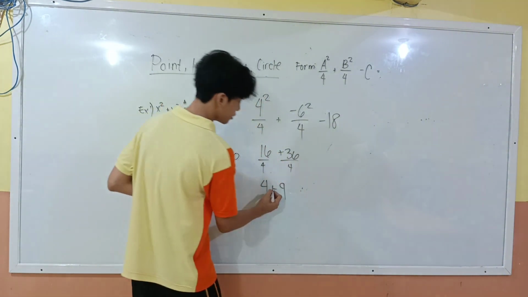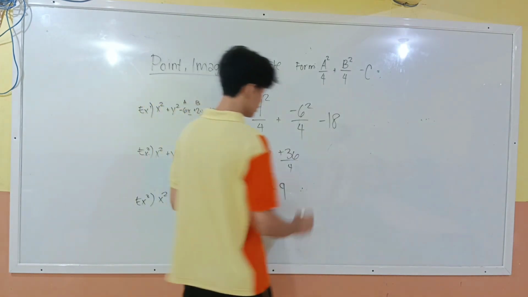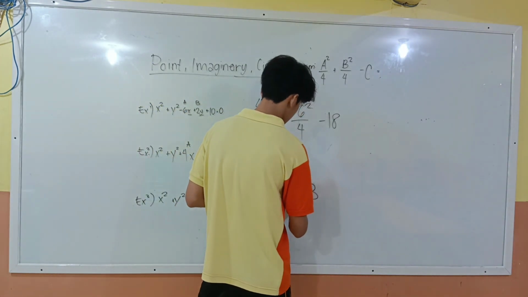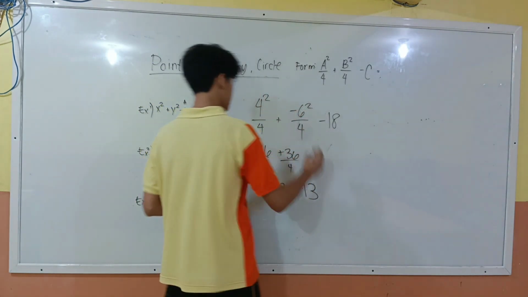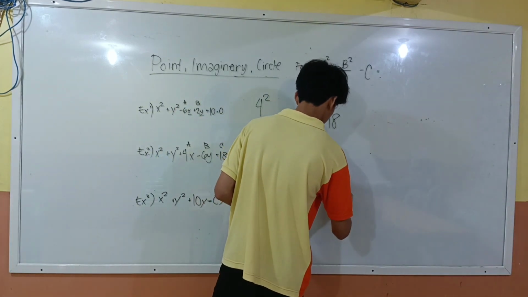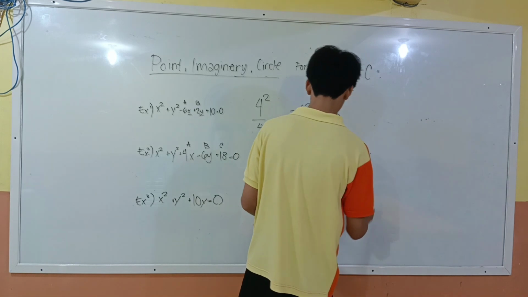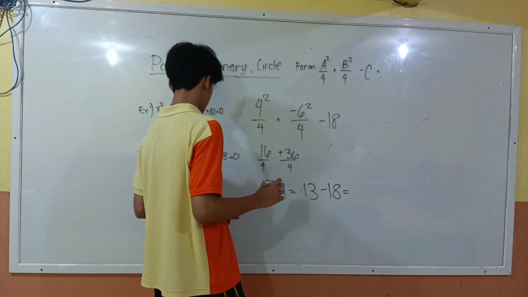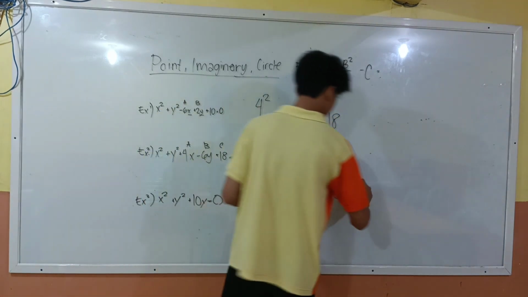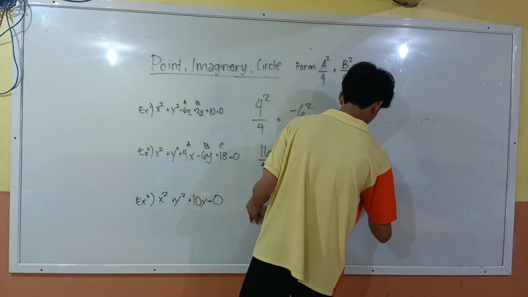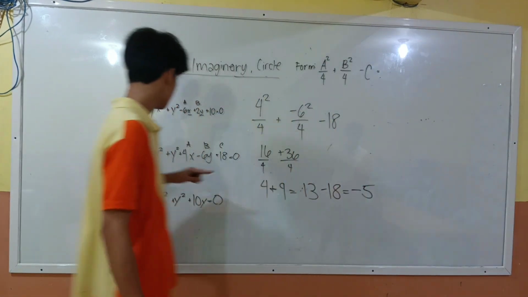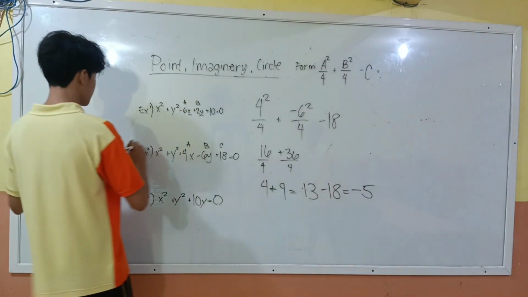And then we add these two to get 13. 13 minus 18, we get the value negative 5. So this example is an imaginary circle.